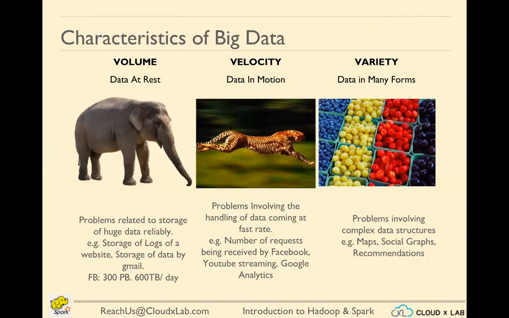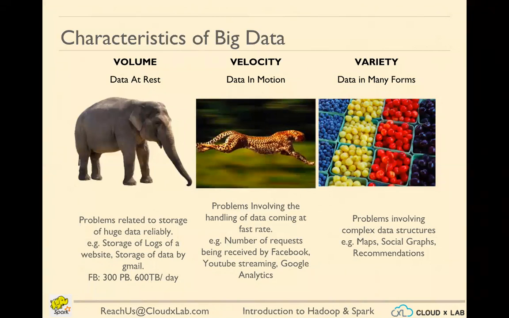For example, think about Facebook, they're storing 300 petabytes of data in say 300 days, and every day they are close to storing around half a petabyte of data, right? So this is humongous data.